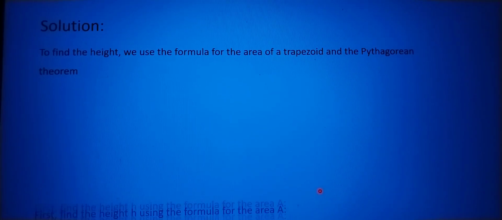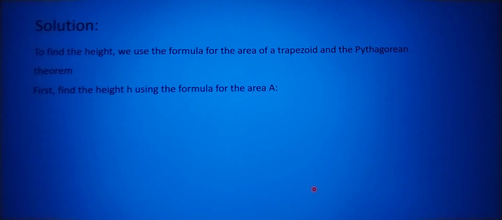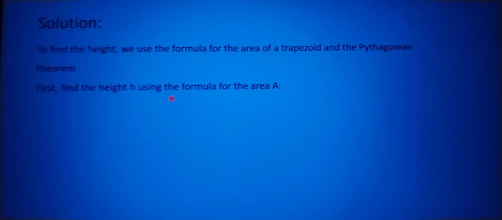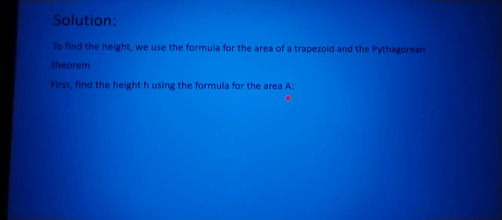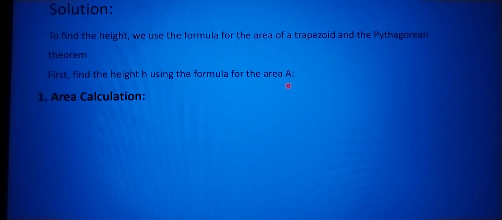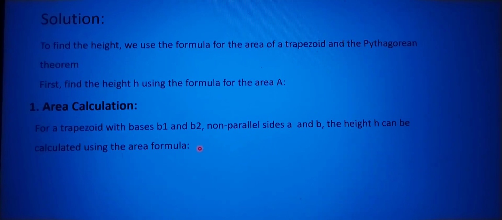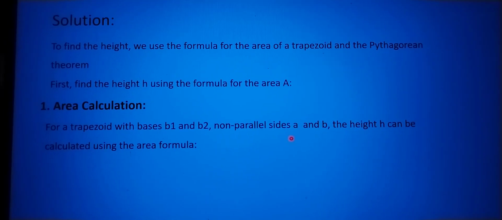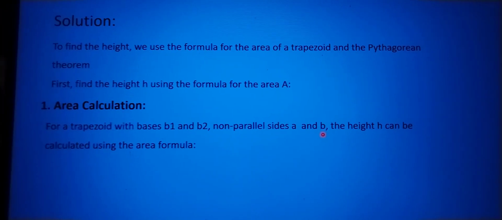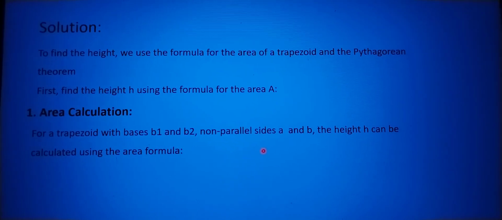To find the height, firstly, let's try finding the height using the formula of the area. The area calculation of a trapezoid: for a trapezoid with base 1 and base 2 and non-parallel sides known as A and B, the height can be calculated using an area formula.